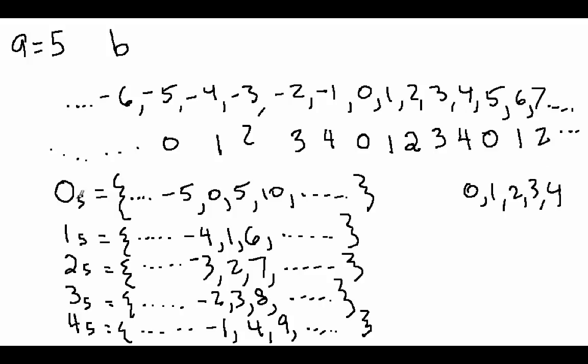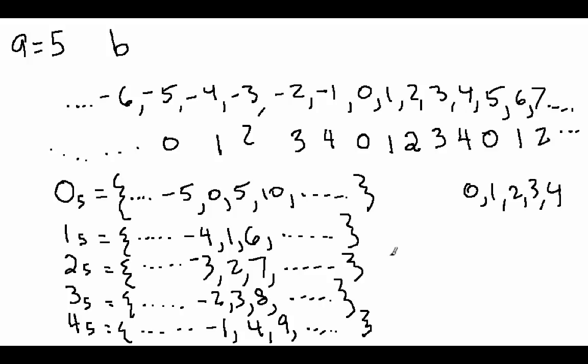What I've done is create these sets. This 0 with a subscript of 5 is all of the integers that have a remainder of 0 when I divide by 5. This 1 with a subscript of 5 is all the integers that have a remainder of 1 when I divide by 5. These all have a remainder of 2. These all have a remainder of 3. These all have a remainder of 4. I'll stop over there.